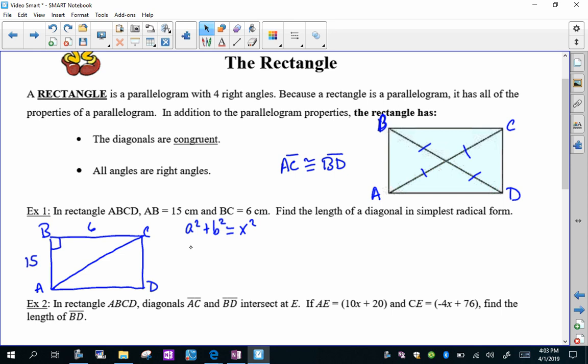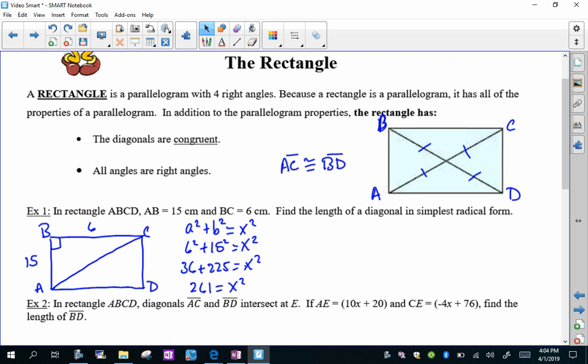So now I have 6 squared plus 15 squared equals x squared. And I have 36, just doing the math, plus 225 equals x squared. And then I add those two together, I get 261 equals x squared. All right, I need simplest radical form.